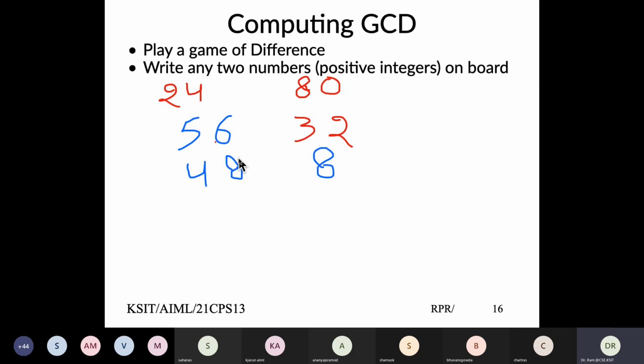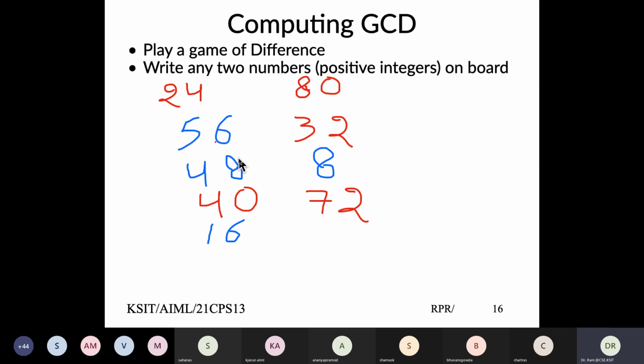Next, I would write 48 minus 8, which is 40. Now, can you give another number? 72. 80 minus 8, 72. Now, let me write my number, which is 48 minus 32, which gives me 16.